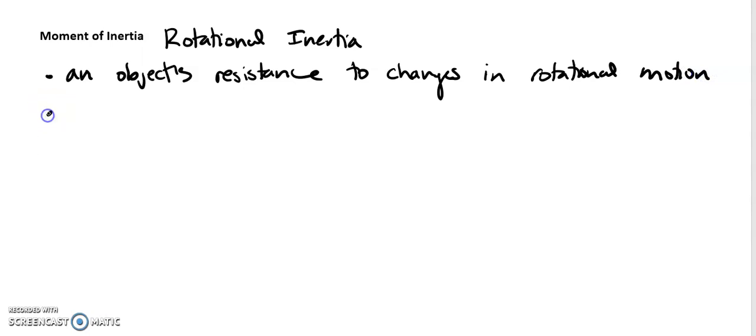And moment of inertia is a property of an object about some rotation axis. So things with a higher moment of inertia are harder to get to start rotating or to stop rotating.